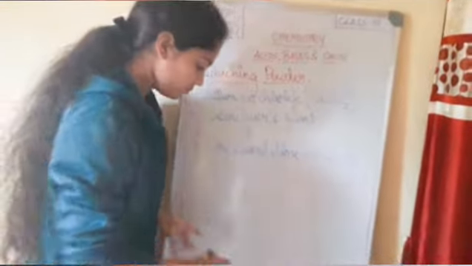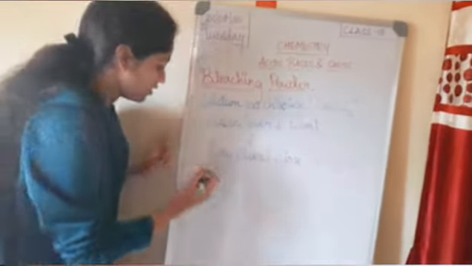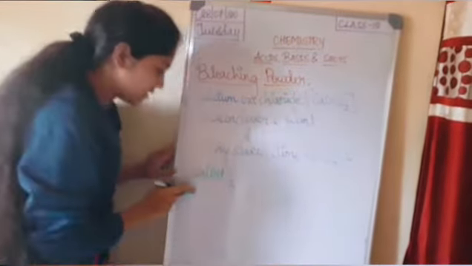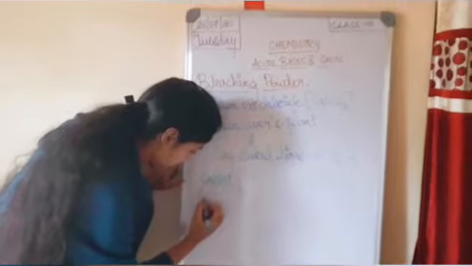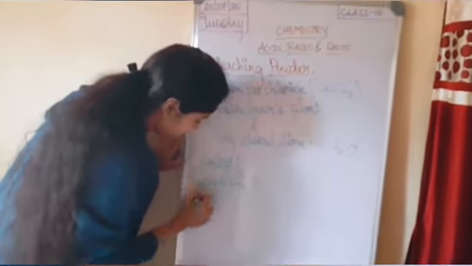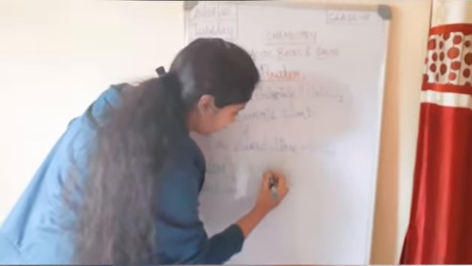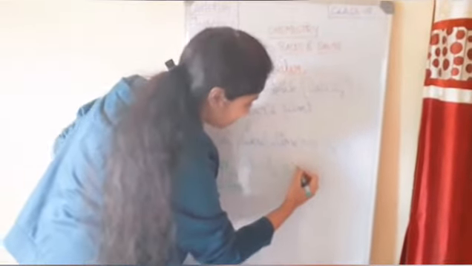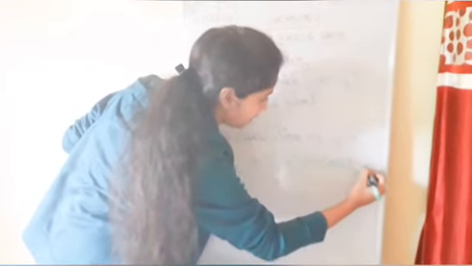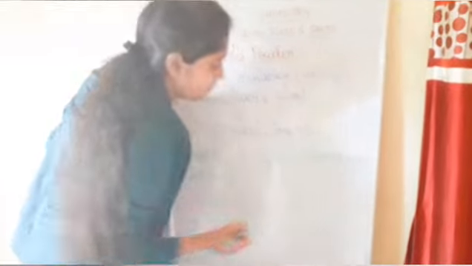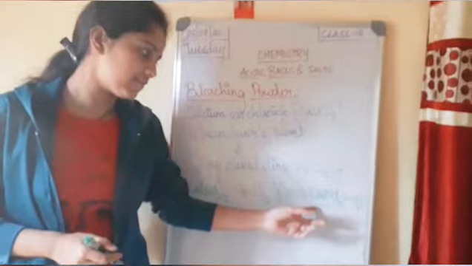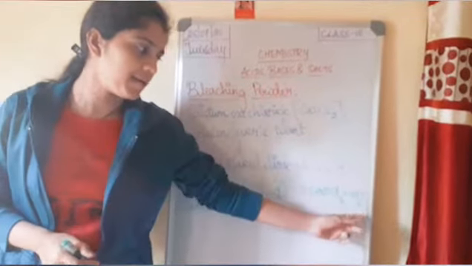Now the equation is Ca(OH)2, this is slake lime, plus chlorine gas gives CaOCl2 plus H2O. Slake lime plus chlorine gas gives CaOCl2, that is bleaching powder, plus water.